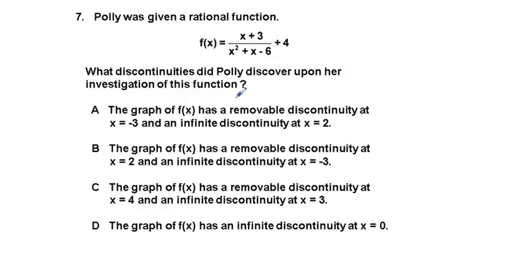I want to first explore a non-calculator type of solution, and one thing we can notice is when we look at our answer choices, we're looking at types of discontinuities: removable discontinuities or infinite discontinuities. An infinite discontinuity is a vertical asymptote.